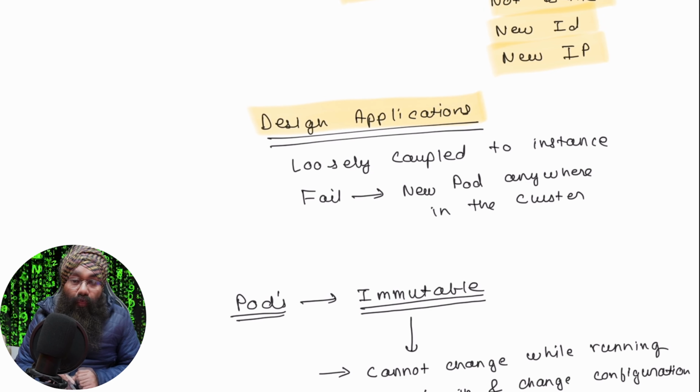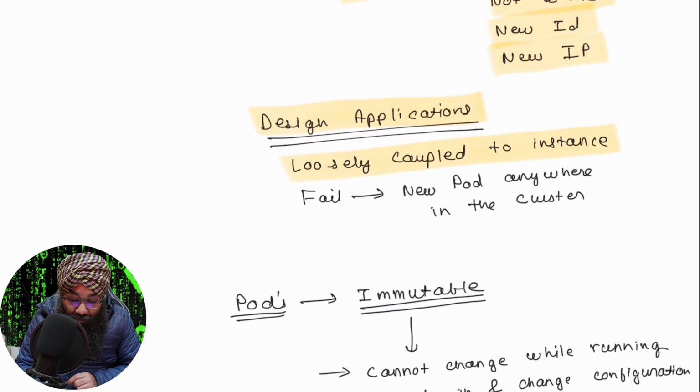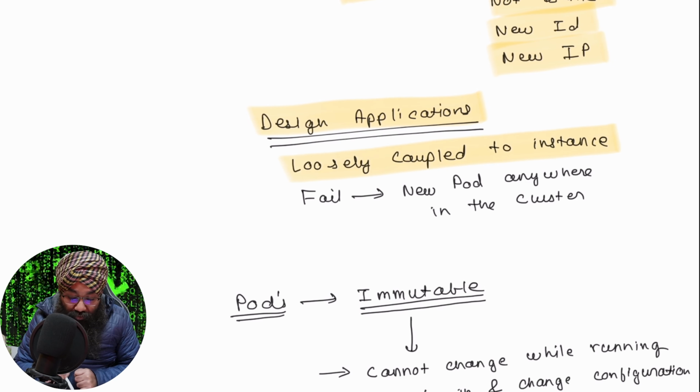You should remember that your pods will be loosely coupled with the actual instance of worker node where they are running. They can be running on node 1 or node 5 or node 10, anywhere in the cluster irrespectively. So they will be loosely coupled to the instance of execution.